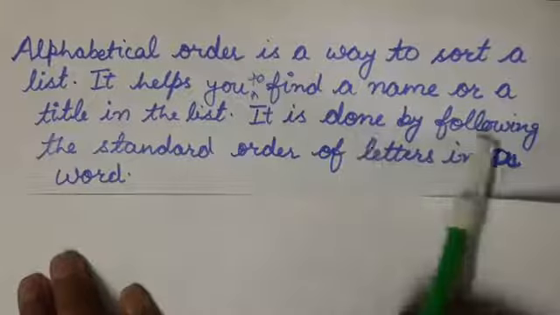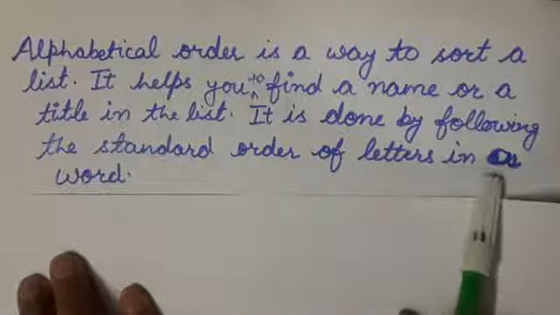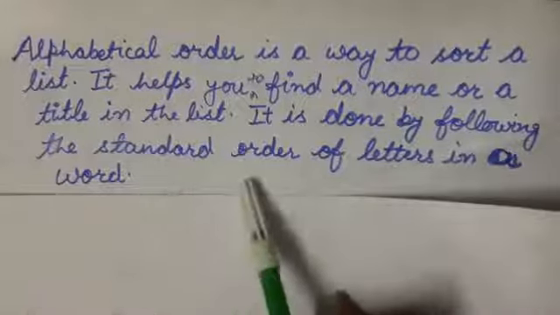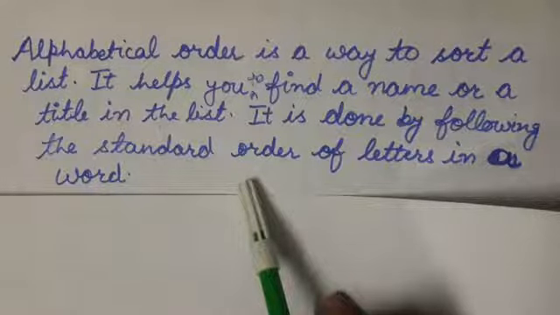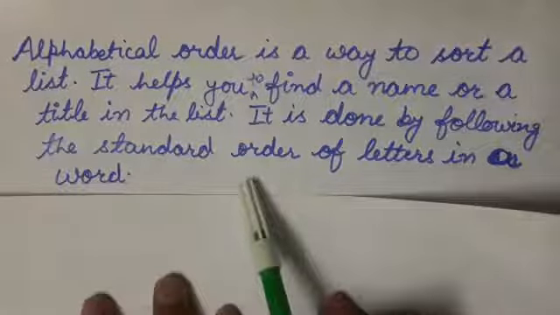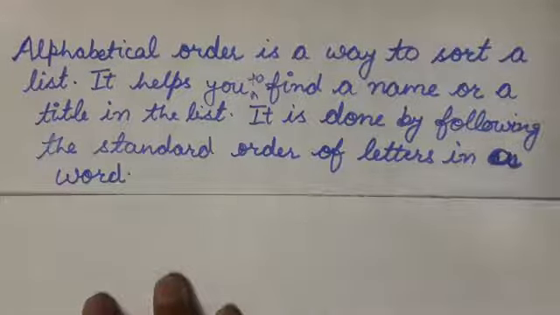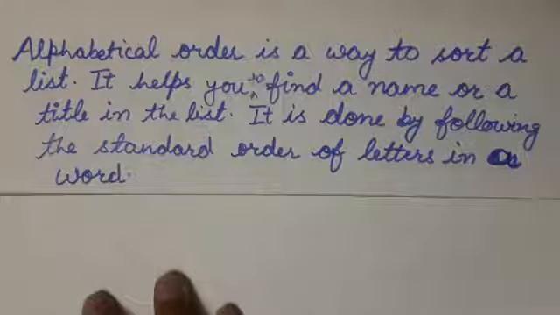It is done by following the standard order of letters in a word. So we have to follow the standard order of the letters in the word to put words in alphabetical order. Certain rules are there to arrange the words, so I am going to tell you the rules.